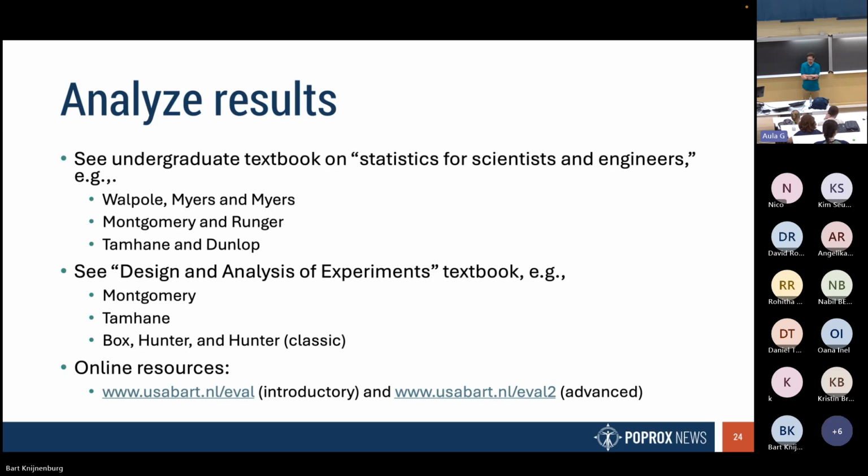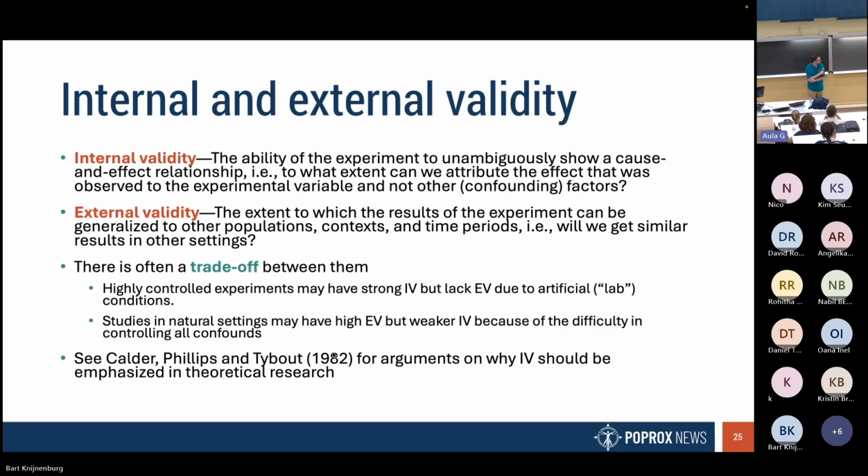There's also a set of experimental design and analysis of experiments textbooks, a junior or senior level undergraduate class, that would take you to the next level. But what's in the basic undergraduate stats class is really all you need for the experiments that we're talking about here.